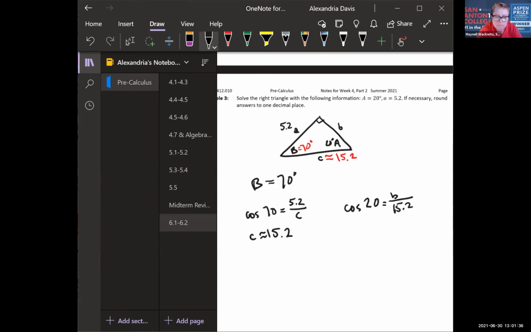And how did you find that c was 15.2? Sorry, were you asking about little b or the hypotenuse c? Oh, little c, yeah.